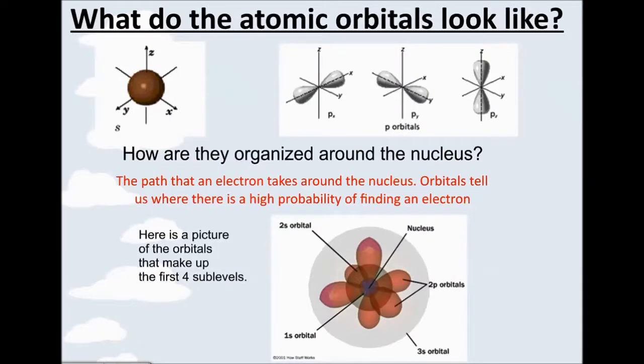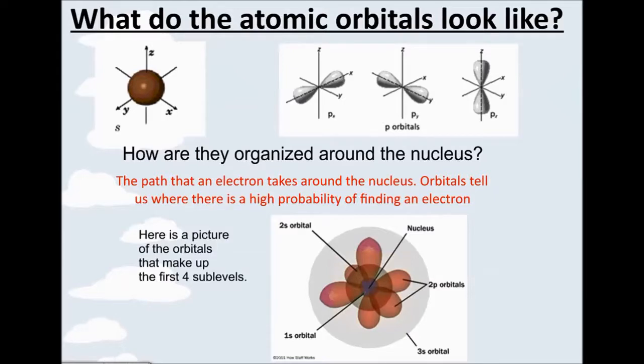So what do atomic orbitals look like? Well, we've got S, P, D, and F. They're very complicated. S is spherical. P is like a figure 8. You don't need to memorize this. It's just adding to your knowledge so you have a better idea of the actual patterns they take. How are they organized around the nucleus?